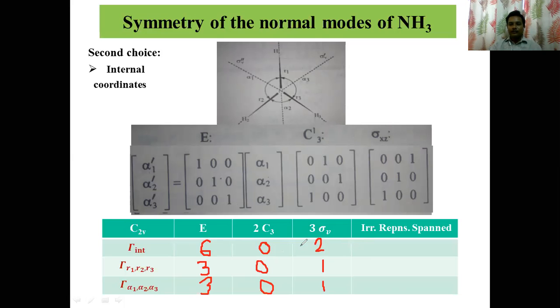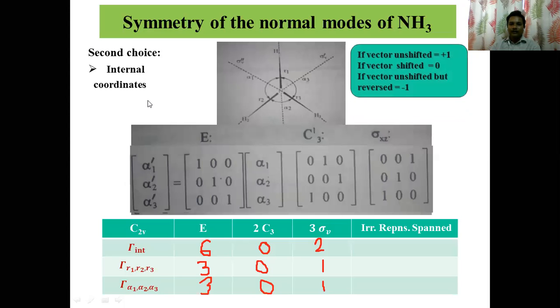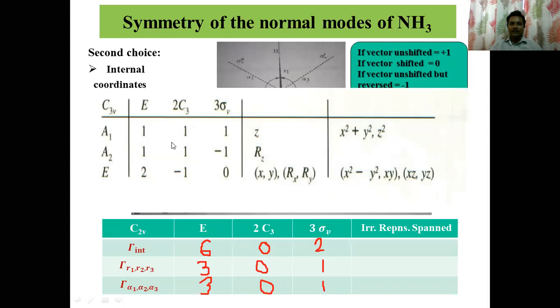So let's reduce this in terms of irreducible representations. I think we can do the reduction as we did for the Cartesian coordinates, or if you look at the character table, we should be able to do it just by inspection, by addition of these two. So if I go for this, let's say 3, 0, 1.